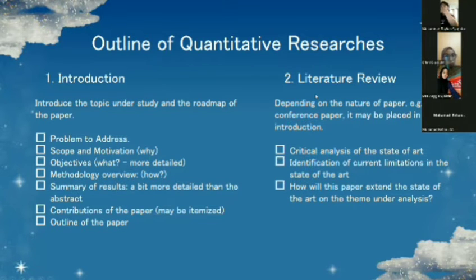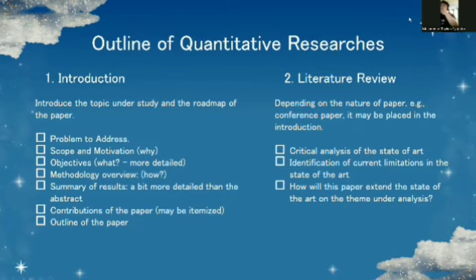The introduction introduces the topic under study and the roadmap of the paper, such as the problem to address, scope and motivation, objective, methodology overview, summary of results, a bit more detailed than the abstract, contribution of the paper, and outline of the paper.